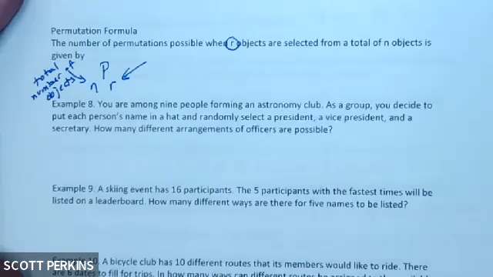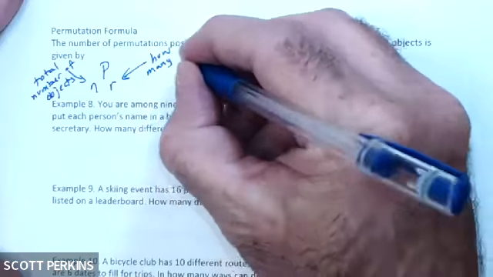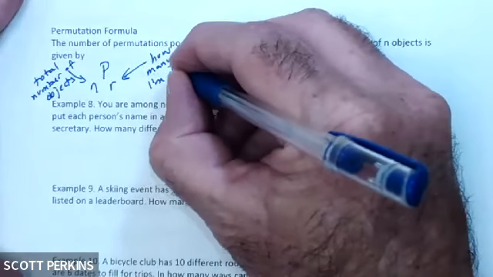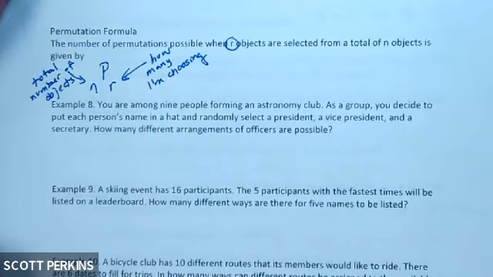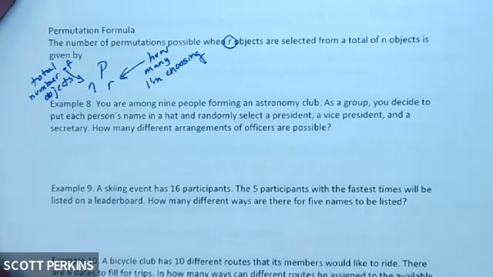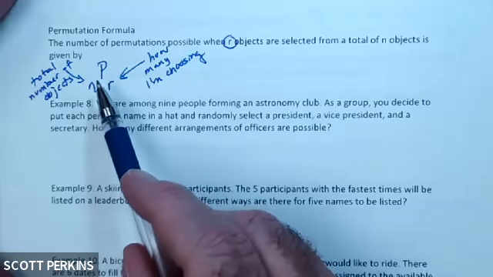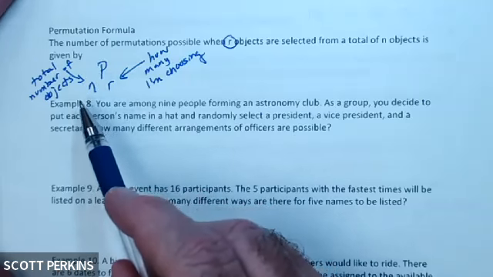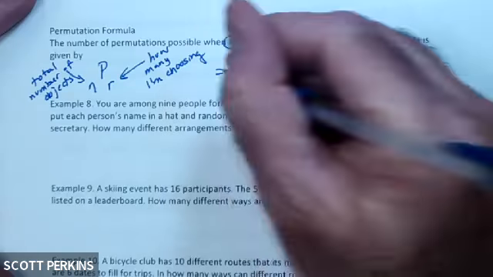So this is how many I'm choosing. On your scientific calculator, there's a button with P with an N on the left subscript and an R on the right subscript. And here's the formula.